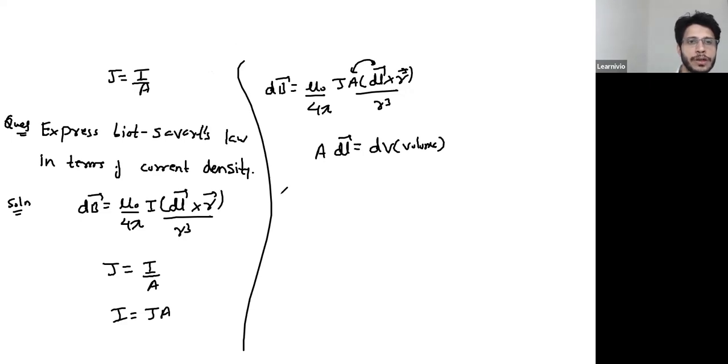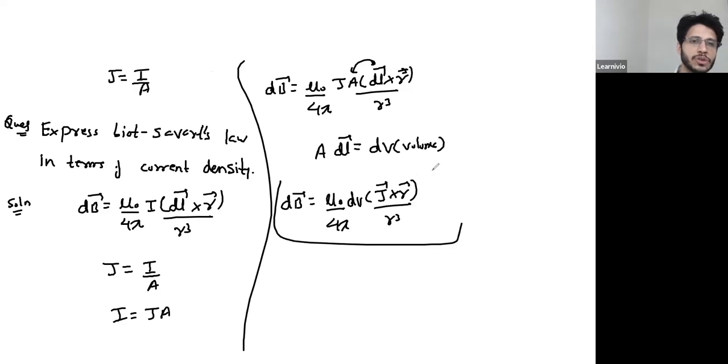So this could be written as that your magnetic field is... Now see, volume is a scalar quantity. I can't keep volume inside the cross product. So I have to take volume outside, but current density is a vector quantity. So I just write this as J cross r over r cube. These are some simple conceptual questions. This is how you can express Biot-Savart's law in terms of current density.